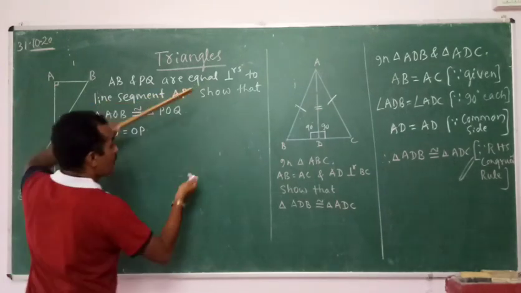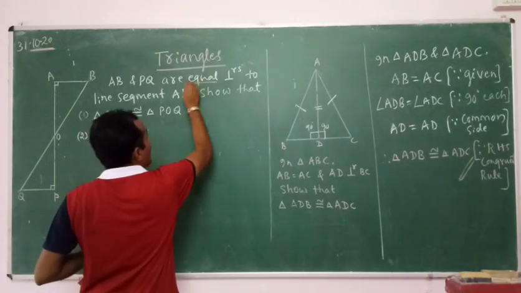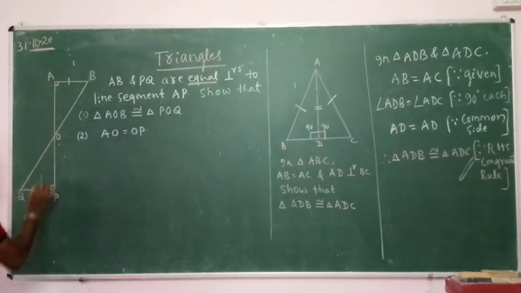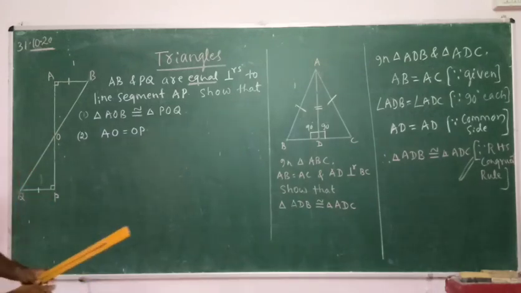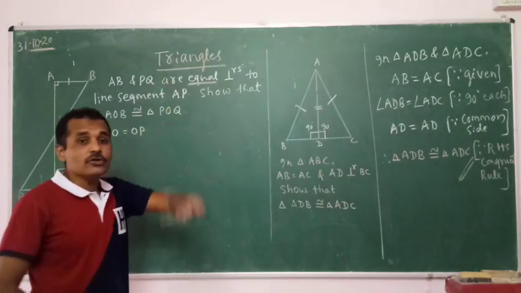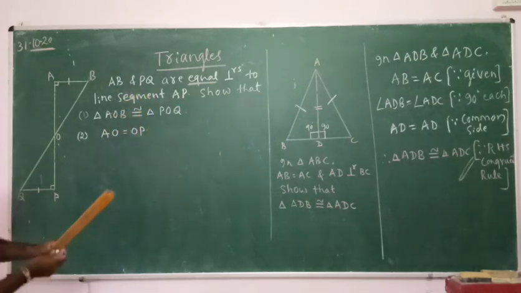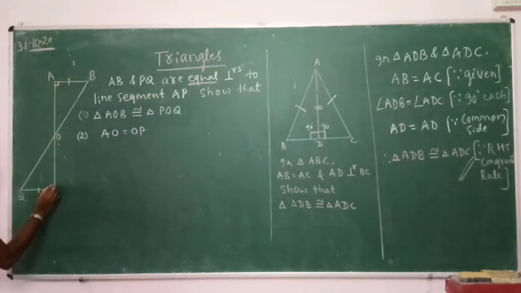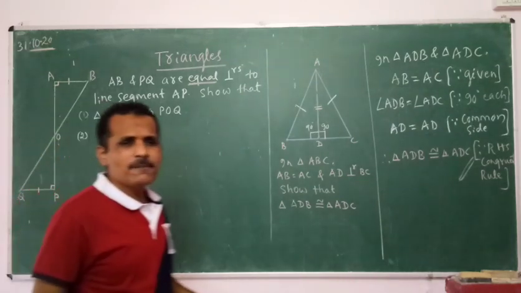Read it very carefully. They are equal, that means they have given these two are equal to each other. Further, they say they are also perpendicular to the line segment AP. That means this is 90 from here, this is also 90. Two things we got already.